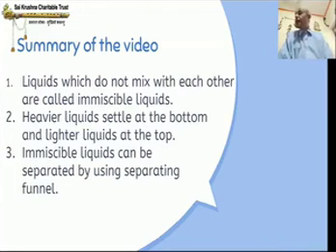So in this experiment, water, being heavier, settles in the beaker, and kerosene, being lighter, remains in the funnel. Then, immiscible liquids can be separated by using the separating funnel method.